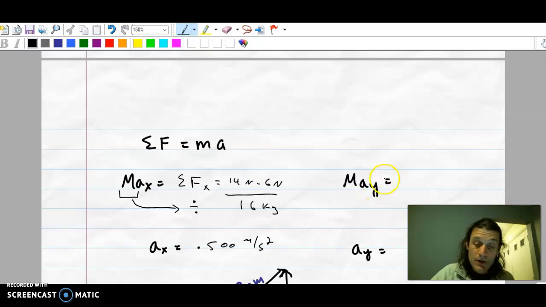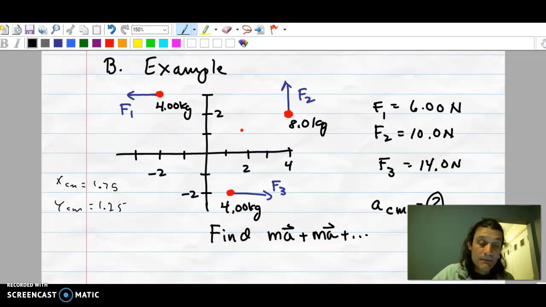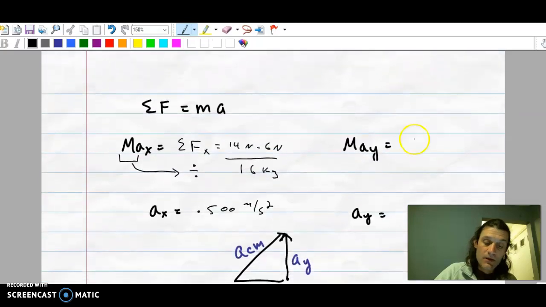All right, we can do the same thing for the ma in the y. Now in the y, or the j, there's only one arrow. It's the 8 kilogram mass being pushed upwards by F2, which is 10 newtons. So the sum of the forces in the y is simply 10 newtons.